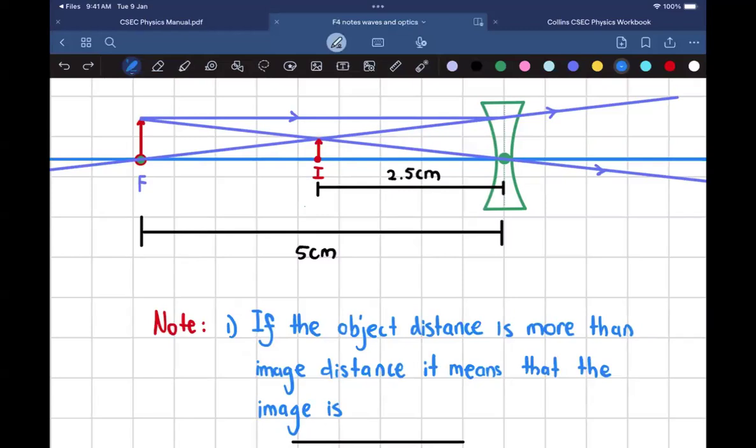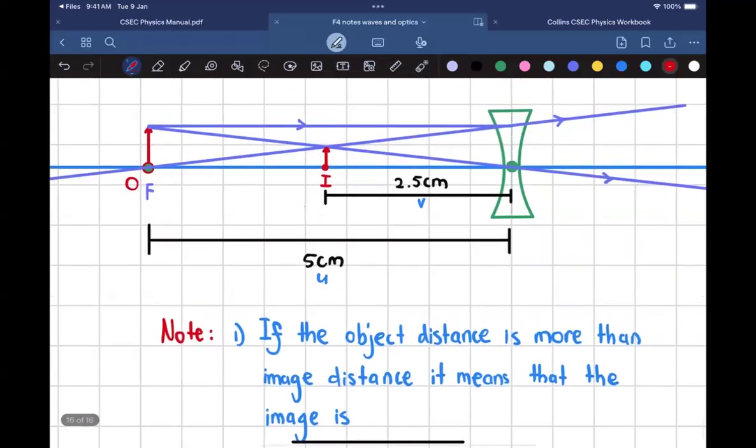I mean, you see it here, right? What was bigger, u or v? u, and u represents the object distance, right? Which one is bigger, the object or the image? Object, right?